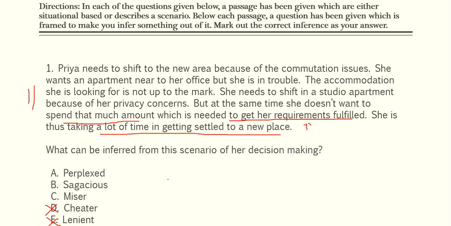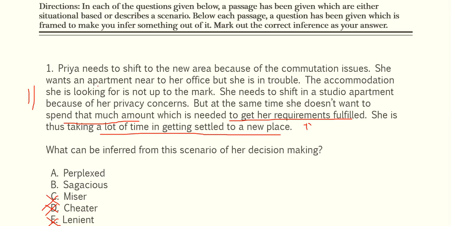We cannot say that she is a miser. Yes, she may be quite economical, but she cannot be a miser, right? It seems too vague. Okay, we cannot jump to conclusions like that she is a miser. Not much evidence is there that she is a miser. Fine. So we are opting this out. Now sagacious.